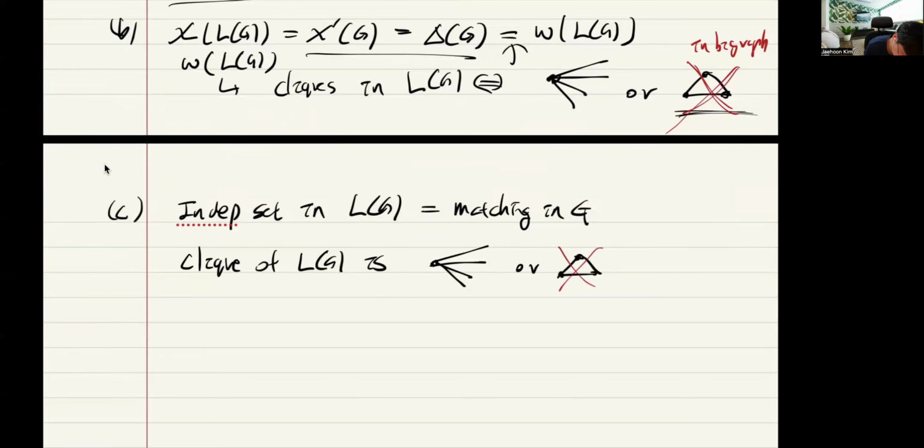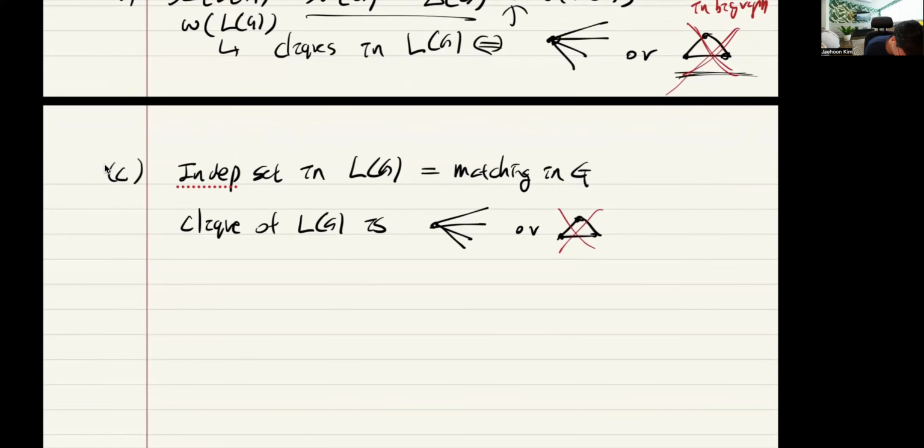Then, as we mentioned, the triangle doesn't appear. But what do we know? The Koenig-Egervary theorem says that the matching number and vertex cover number are the same. And this is alpha of L(G).